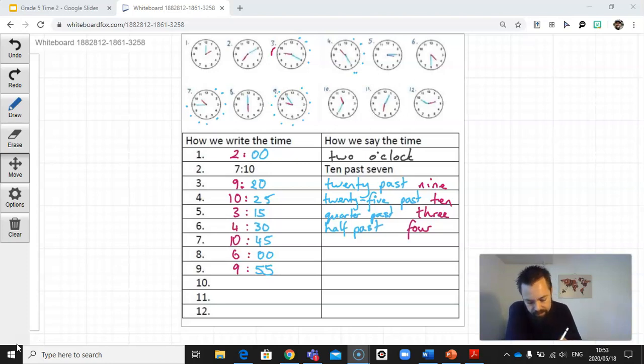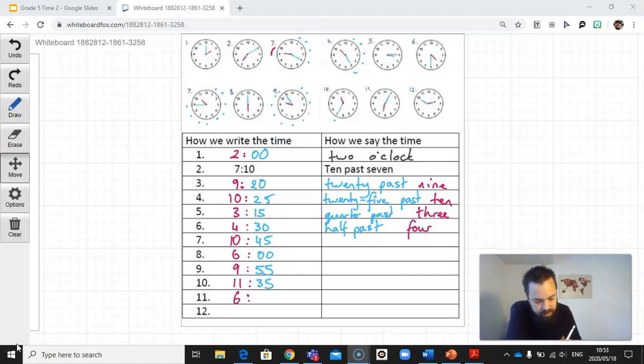Number 10, after 11, but not at 12, so we talk about it being 11 something. Sorry, yeah, number 10. And the minutes is pointing over here, which, if you count it, is 35 minutes. For number 11, it's after 6, but not at 7, so it's 6 something.